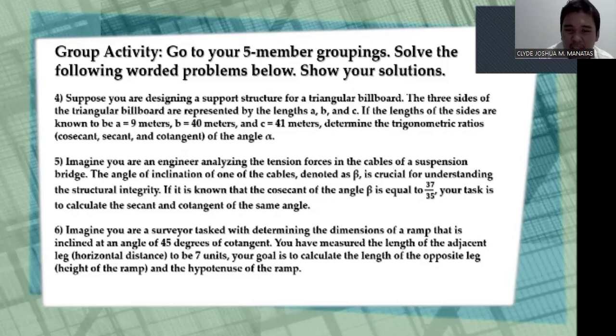Your goal is to calculate the length of the opposite leg, which is the height of the ramp, and the hypotenuse of the ramp or the inclination. So the given are that cotangent 45 degrees, then the adjacent leg is 7 units. So we are finding the opposite leg and the hypotenuse.